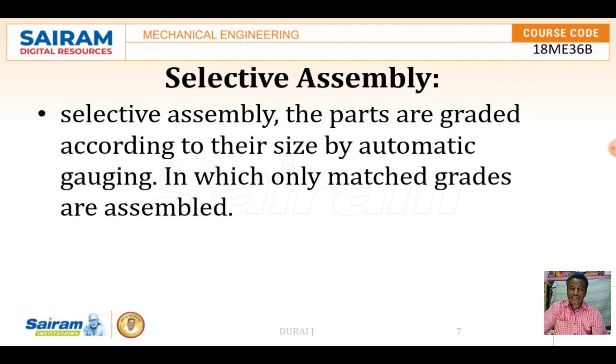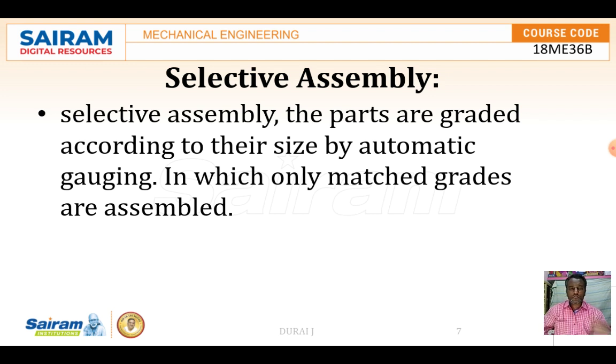Suppose in the limit system, the limits are given like 25 plus or minus 0.02. That means the component lies between 24.98 and 25.02. So it will be applicable for both systems, holes and shafts. So a 24.98 shaft is going to match, without clearance, with a 24.98 hole.